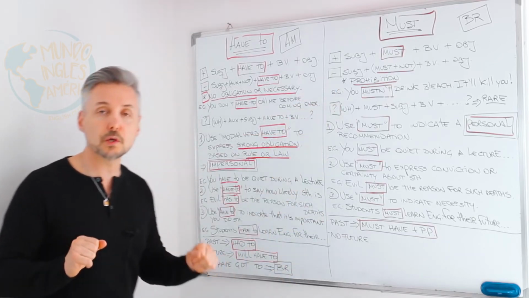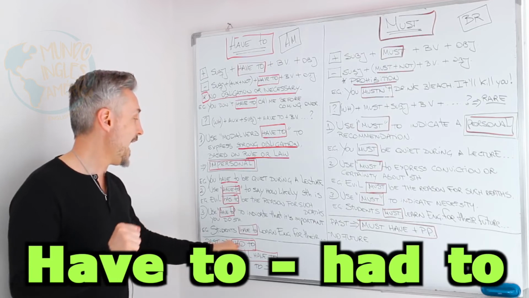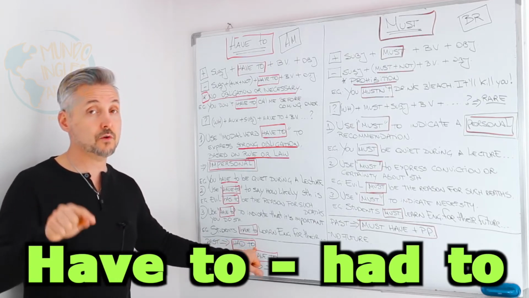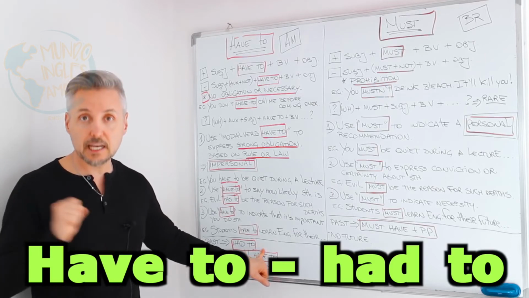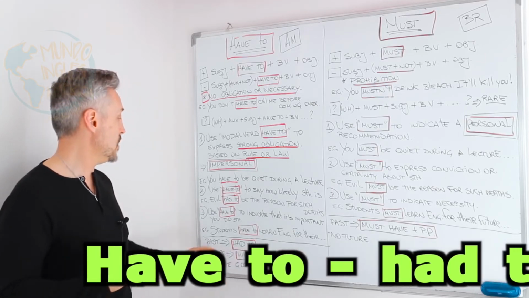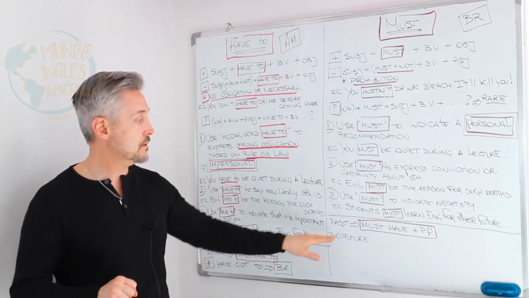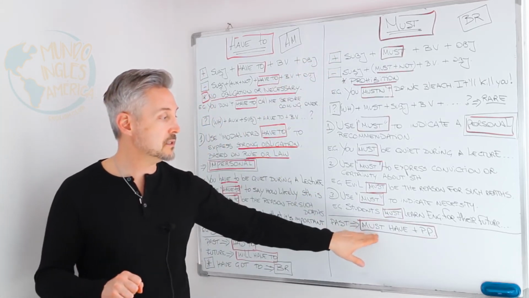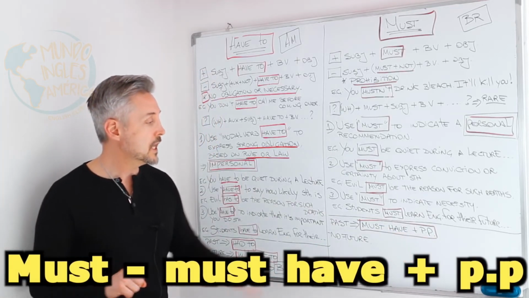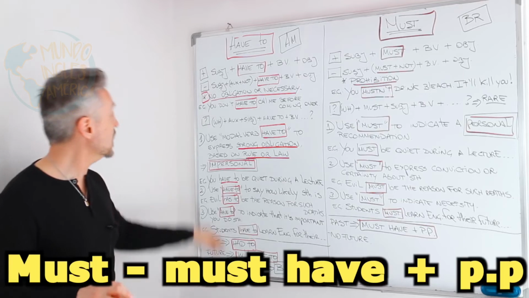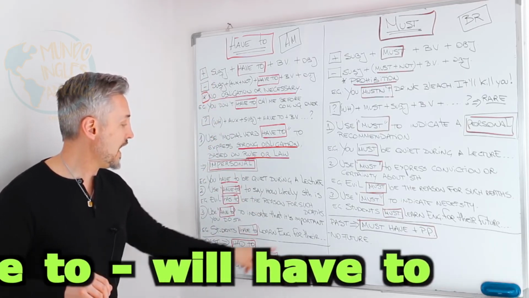They can both be used with the past. So the past of have to is had to. Remember that if you make a question or a negative sentence, you need did for the past of have to. Now instead, if you use must with the past, it would be must have plus past participle. For the future, with have to, we have will have to.